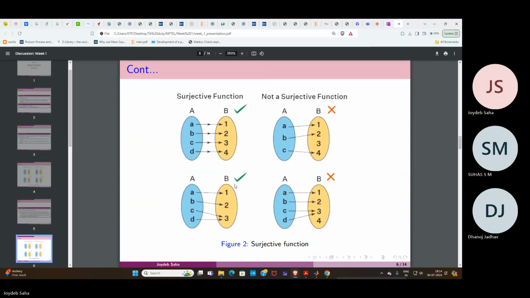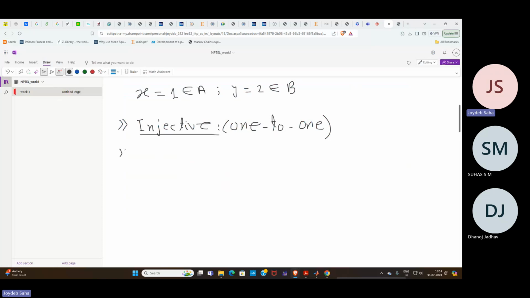From here, you can understand in a better way. So our second thing is surjective or onto.